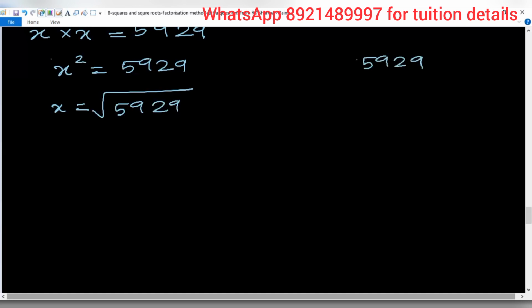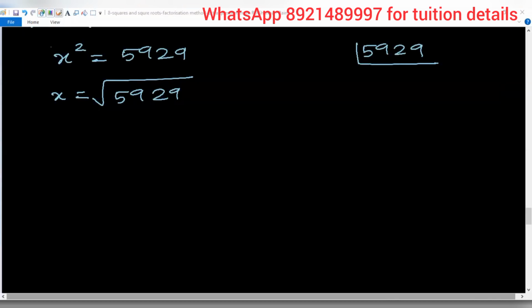See here, 5929 is not an even number because the last digit is 9. When we add 9 plus 9, 18, 18 plus 2, 20, 20 plus 5, 25. This is not divisible by 2 or 3, right? Then, which is the possible number? We have to find out like that.